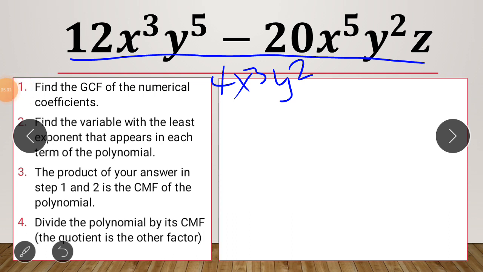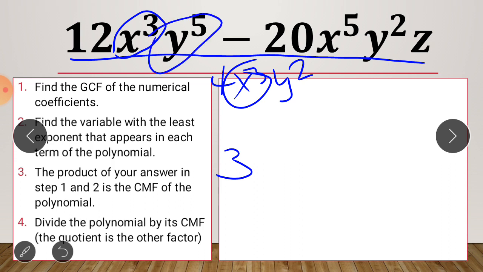12 divided by 4 will give you 3. X cubed divided by x cubed, so that will be cancelled because in dividing we subtract the exponents. So x, 3 minus 3 will give you 0. Then we have y raised to 5 and y squared. Y raised to 5 divided by y squared will give you y cubed, since again we subtract the exponents, so 5 minus 2 will give you 3.